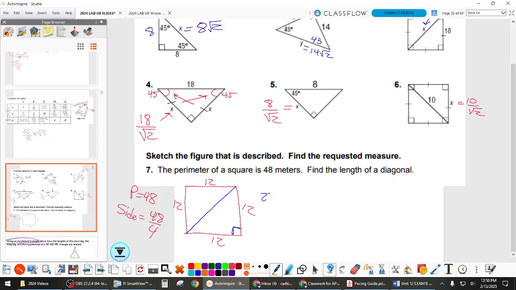So I want you to think to yourself, would you rather solve this, or would you rather just go, hey, that's a leg, so the diagonal is what? 12 root 2. Which one would you rather do? Yeah, because this one you're going to have, let's kind of demonstrate actually.